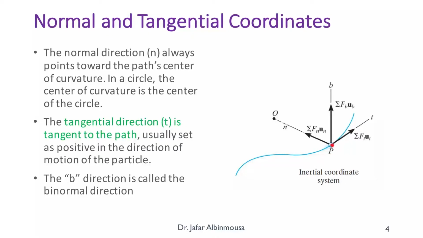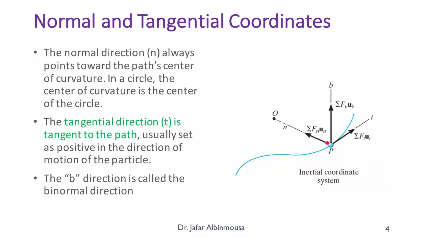You just need to know the point, determine the tangent, and this is going to be the direction of the tangential axis. We also, if you remember, discussed that the positive direction is supposed to be pointing toward the direction of the motion. So this particle is moving in this direction, and this is why the tangent is considered to be positive in this direction. If the particle is moving in this direction, then the tangent has to be on the other side.